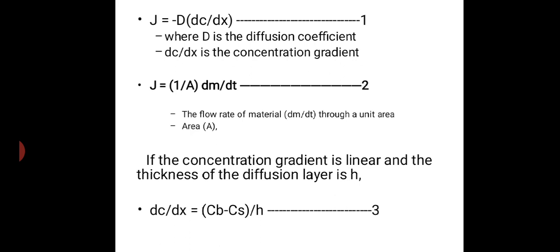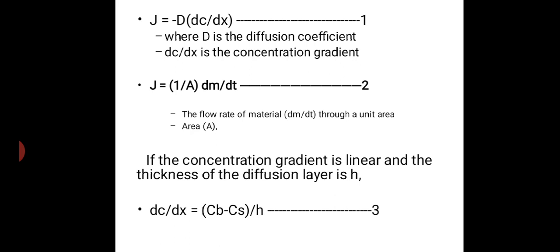And considering the area of the membrane, we can have the equation for the flux J is equal to 1 by A into dM by dt. So the first equation is based upon the diffusion coefficient of the drug and the concentration gradient of the drug within the system.